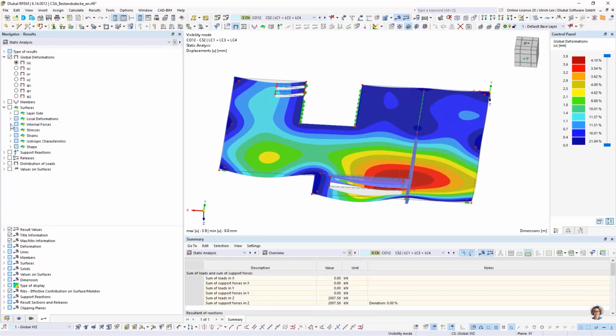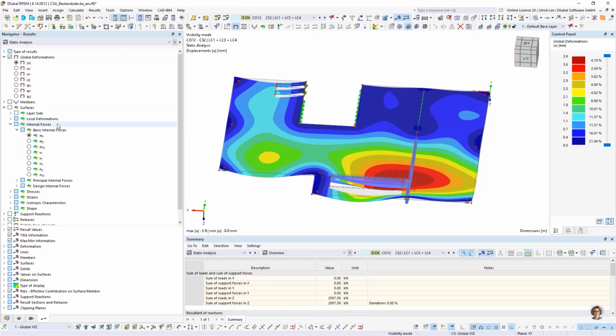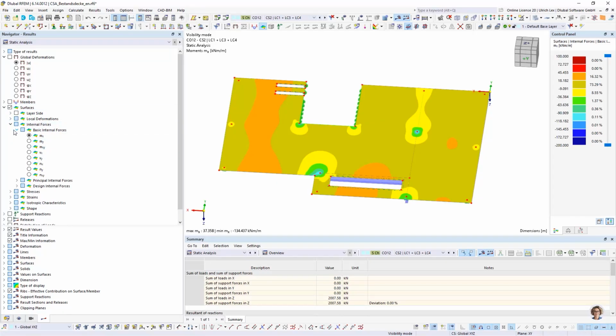Maybe you can use here the internal forces. You can check here, or you can compare then the different internal forces.